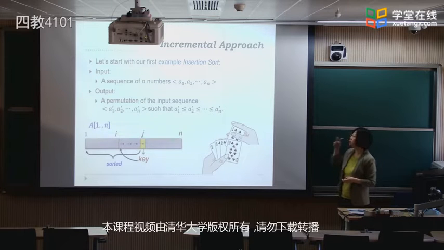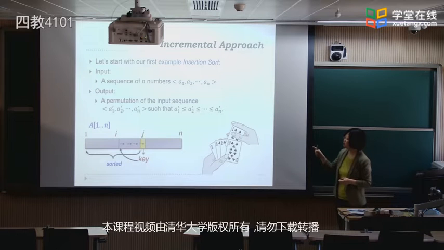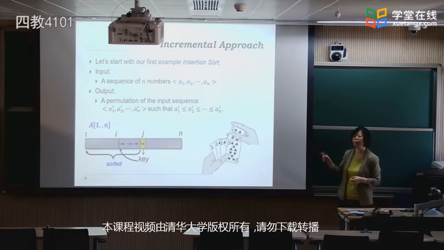And then we need to move all the elements from a i plus 1 to a j minus 1. These elements are all greater than value key. So we need to move them to the right and make room to insert the value of element A sub j, which is key. So that's the whole procedure of this insertion sort.